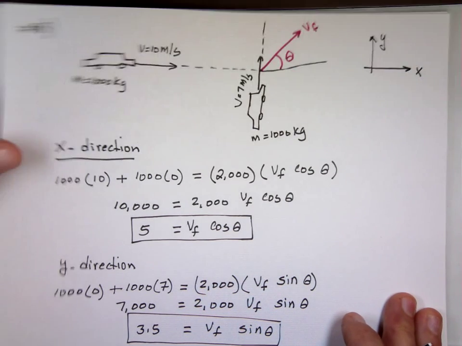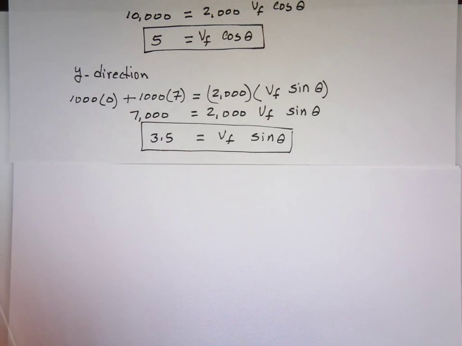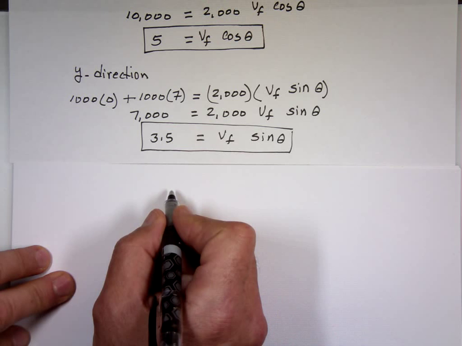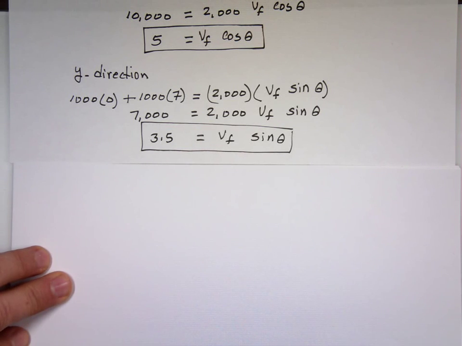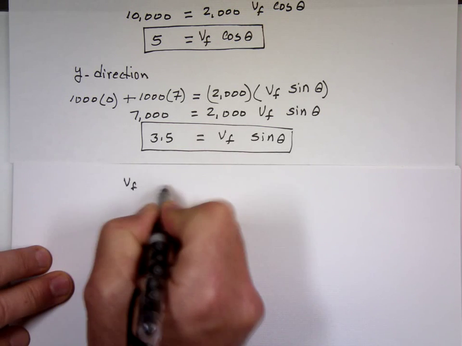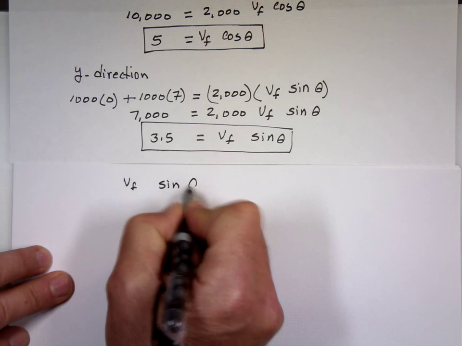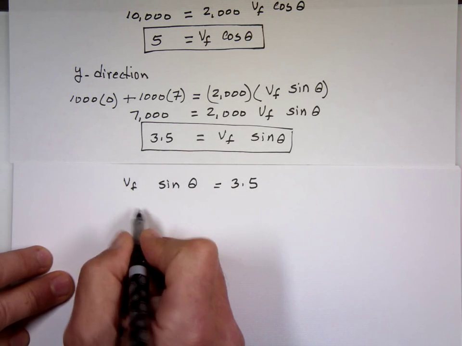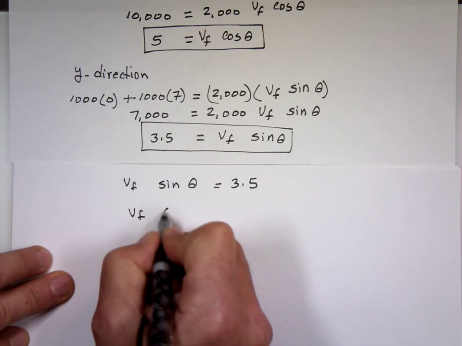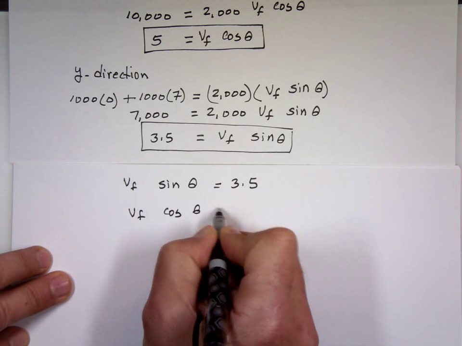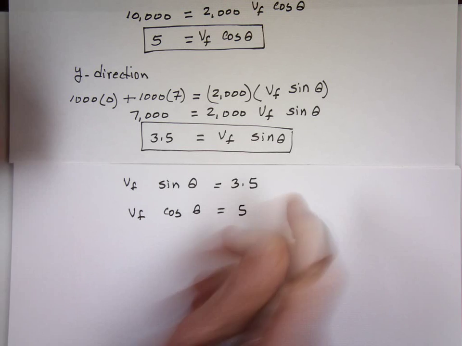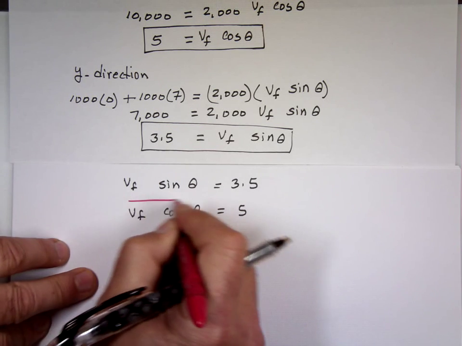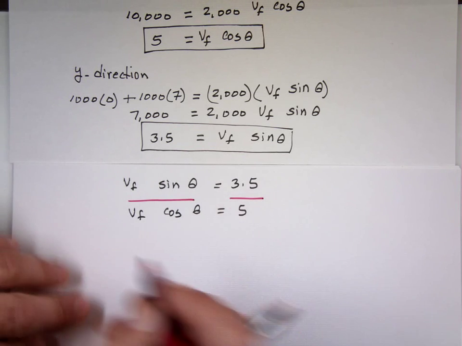So here we go, solving for theta. The first equation says Vf sine theta equals 3.5. I wrote the sine first intentionally. The other one, Vf cosine theta equals 5. One quick way to solve this is to divide the 2 equations by each other. When you divide, the Vf cancels.